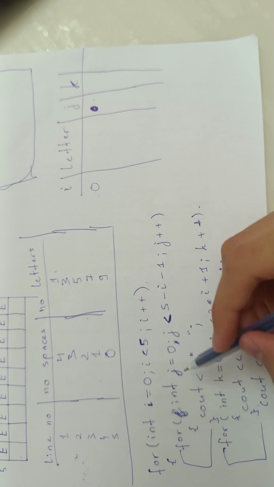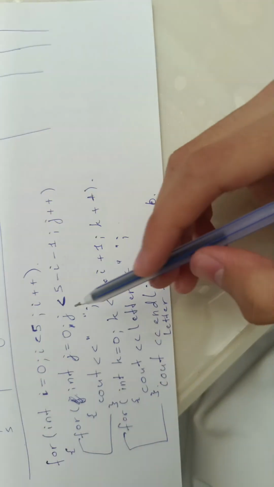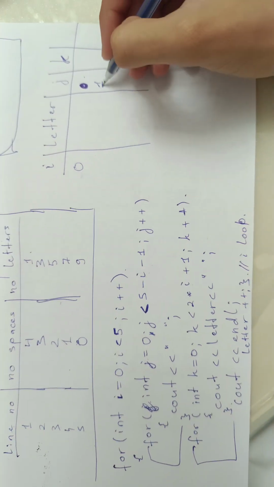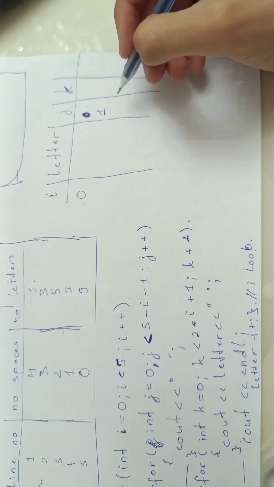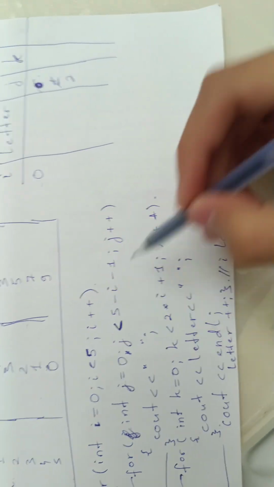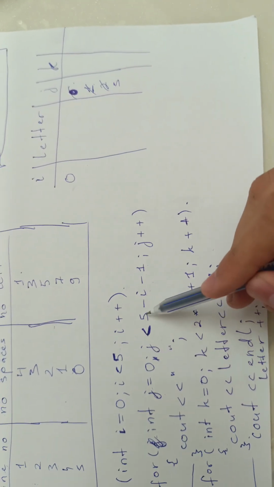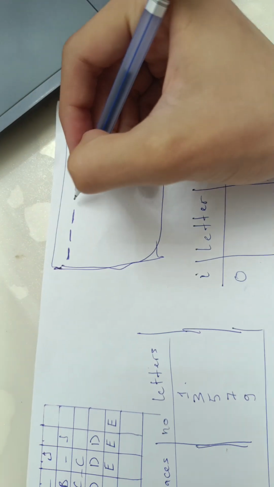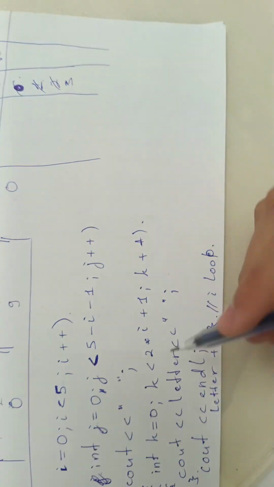Then j becomes 1. 1 is less than 4, so it's going to output one more space, and j becomes 2. 2 is less than 4, it shows one more space, and j becomes 3. 3 is less than 4, so one more space is printed.